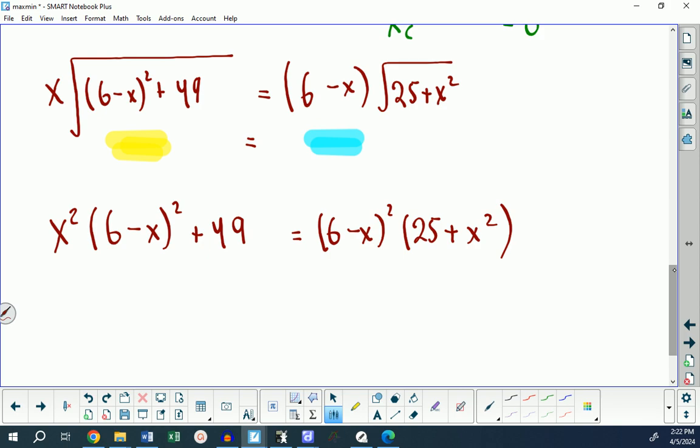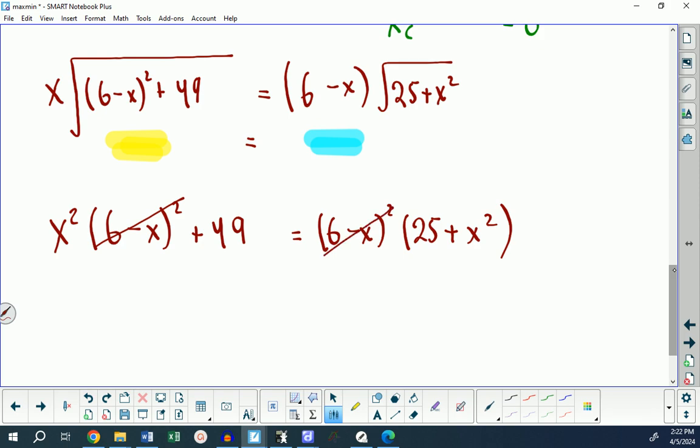Looking at this, I don't know exactly where it's going, but I'm asking myself, if I expand this out, what will happen? When I expand out 6 minus x quantity squared, I will get a positive x squared, multiplied by another x squared, which gives me an x to the 4 on the left. Oh, well, what?